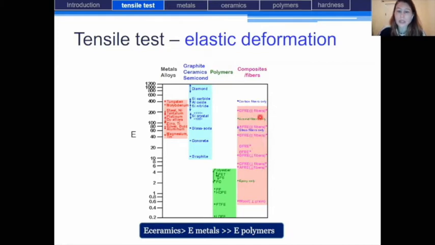So for example, if we prepare a polymer in which we have glass fibers, there is an increase of the elastic modulus of the material. Okay, so this range of values of elastic modulus, as we said, is directly related to the force of bonding between atoms in this material.